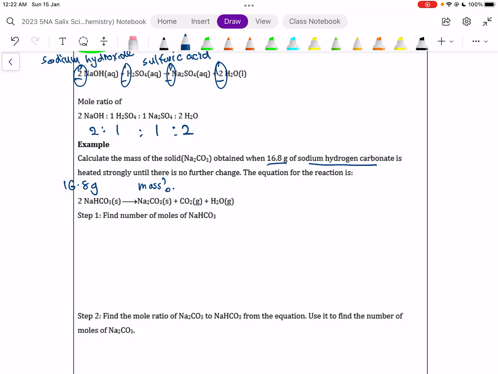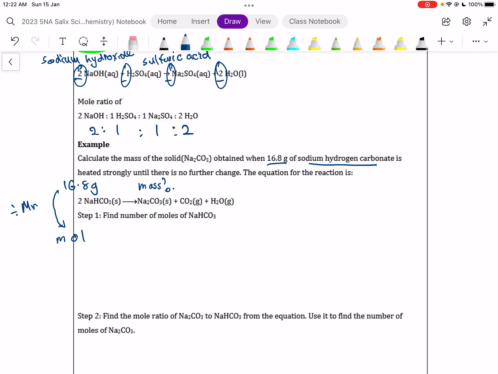So this is a chemical equation, so you must find the mass. What you need to do is a three-step scenario. Step number one, you must change this 16.8 gram to mole by dividing by Mr. This chapter is called mole concept for a reason, because a lot of things link back to mole.